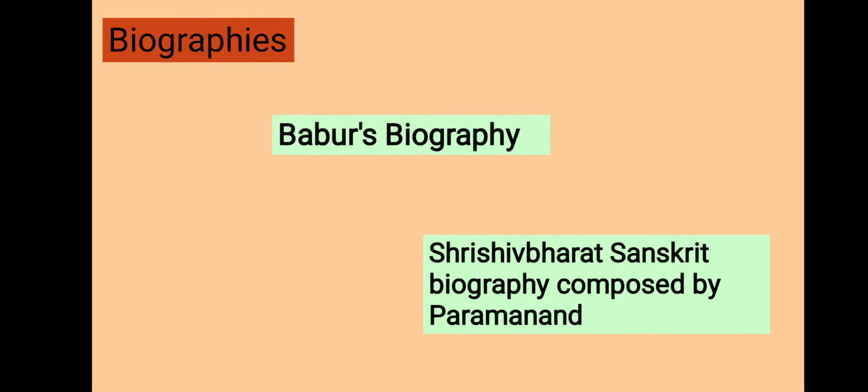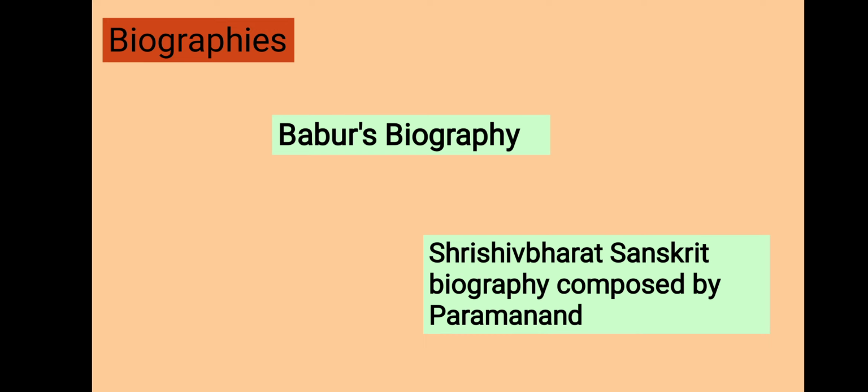The next important written source is biography. Babar's biography is very famous in India. The biography of Shivaji Maharaj, composed by the poet Paramananda in the Sanskrit language, is very famous. We get information about Shivaji Maharaj from his biographies.